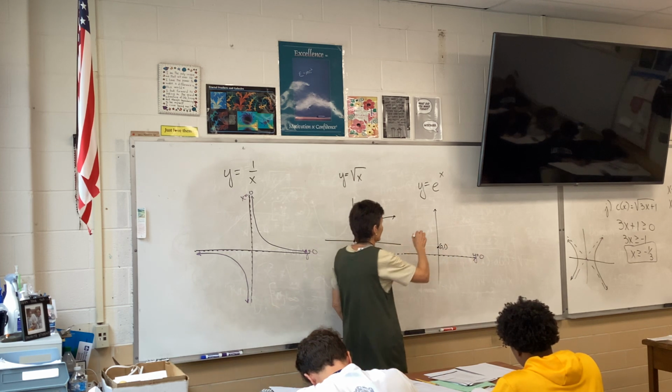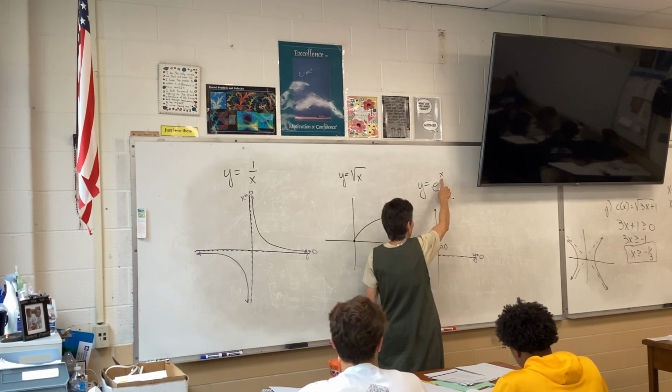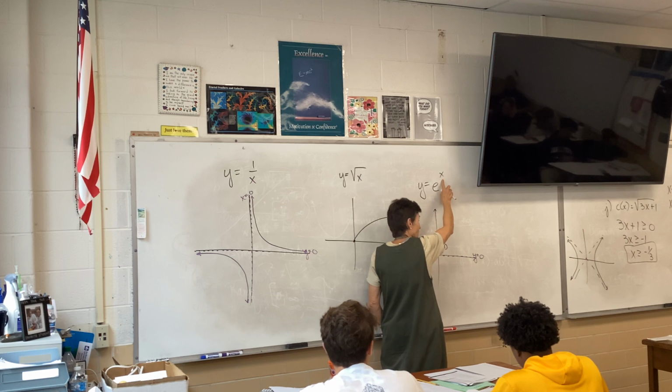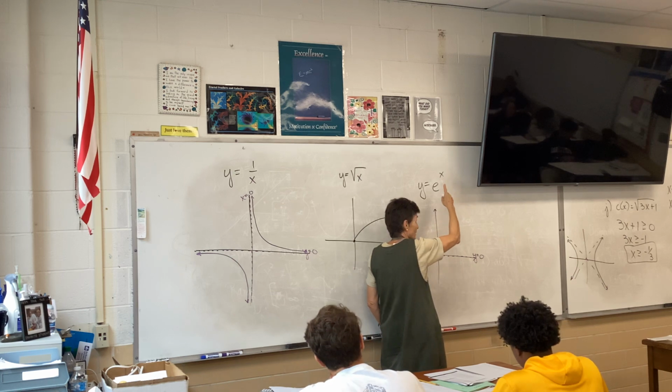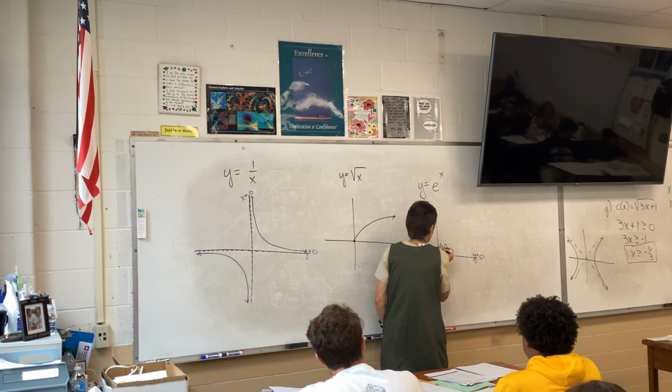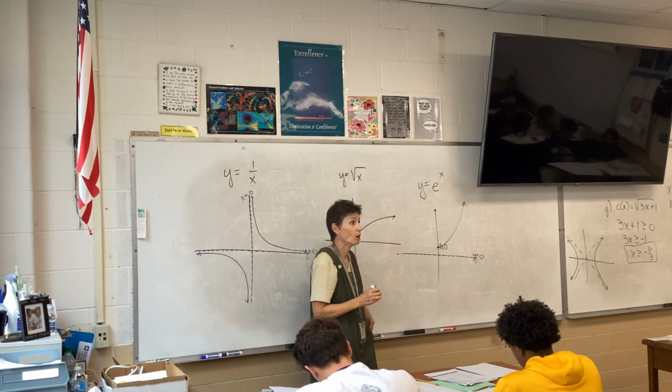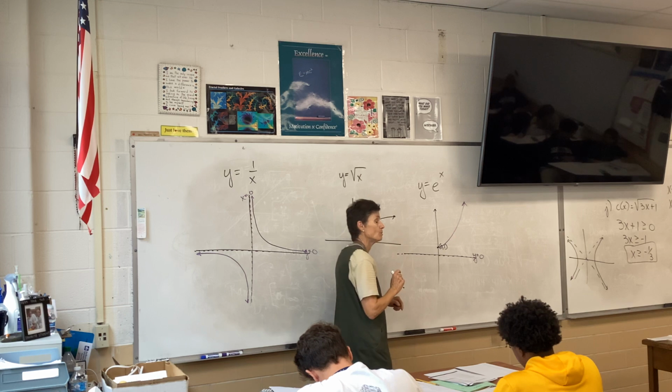And if you think about it, the bigger x gets, raise 2.718 to bigger and bigger powers, isn't it just gonna keep getting bigger? So this is kind of shoot up like this. It's called exponential growth, when it just explodes.